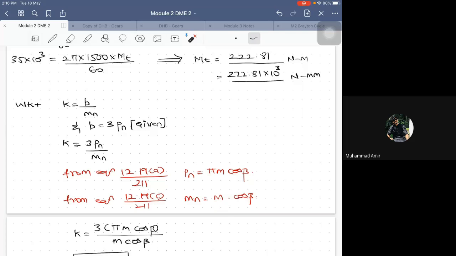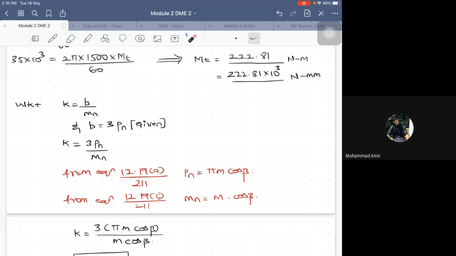So what I'll be doing is substituting the value of Pn and the value of Mn. Pn and Mn I have taken from 12.19a and c respectively, where Pn is pi m cos beta and Mn is m cos beta.